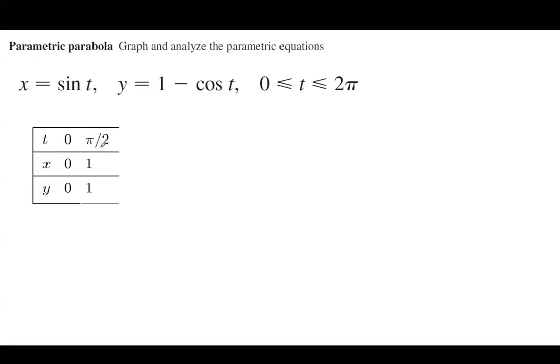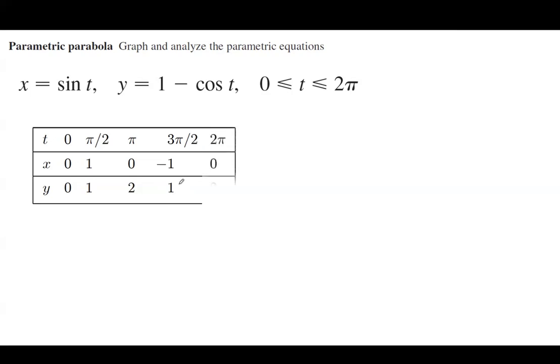Now, when t is equal to pi over 2, sine of pi over 2 is 1, and 1 minus 0 becomes 1. With the same argument, just plug in different values for your t and find x and y. At 3 pi over 2, x, which is sine of 3 pi over 2, is -1, and cosine of 3 pi over 2 is 0, so 1 minus 0 becomes 1.